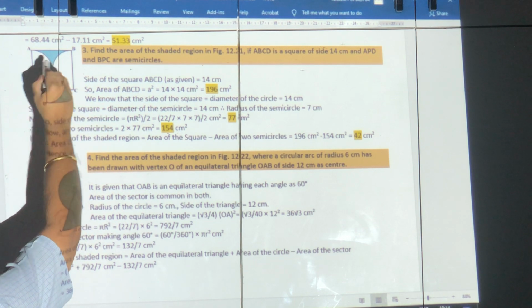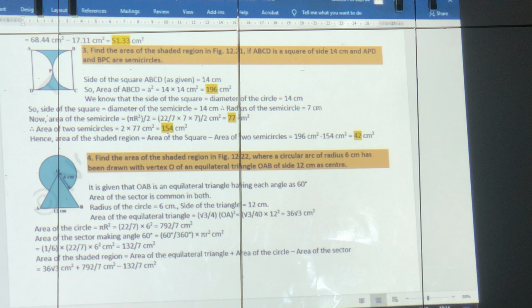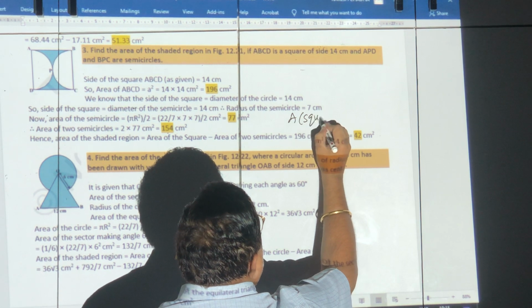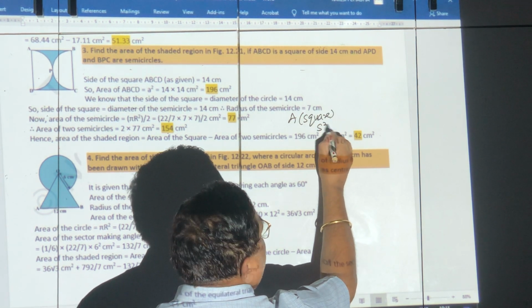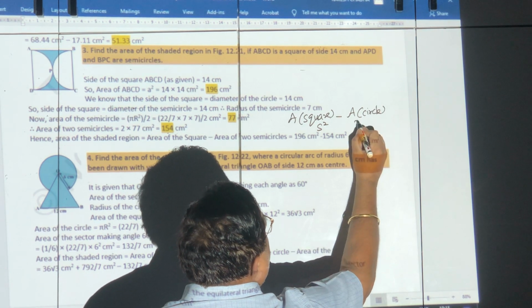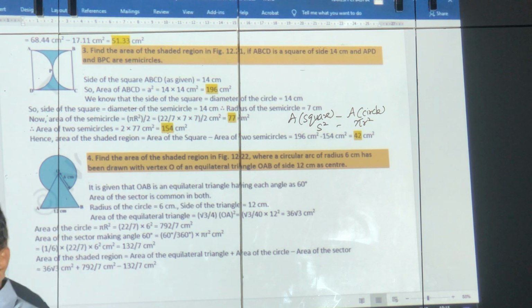Find one semicircle and double it, or this is a circle. Whatever you wish to do. So basically, it is area of square, I remind you, my friend, side square minus area of circle, that is pi r square. Simple. Nothing else you are supposed to do in this sum.